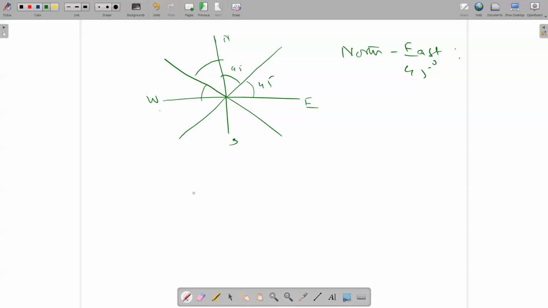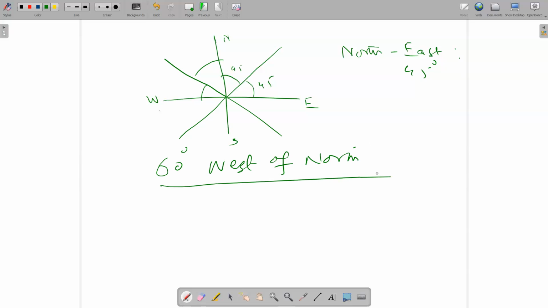But if it is written 60 degree west of north, what will be the angle? I will make some angle of 60 degrees west of north. You will start from north and go towards west. The angle is not this one.